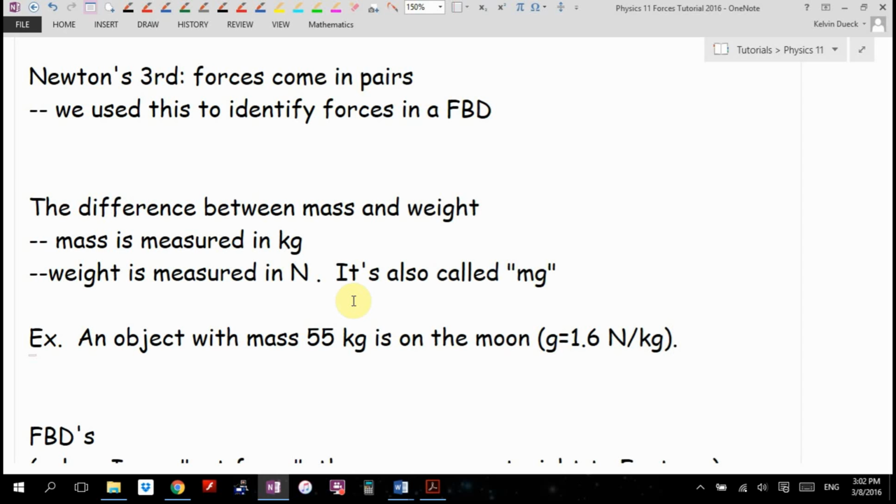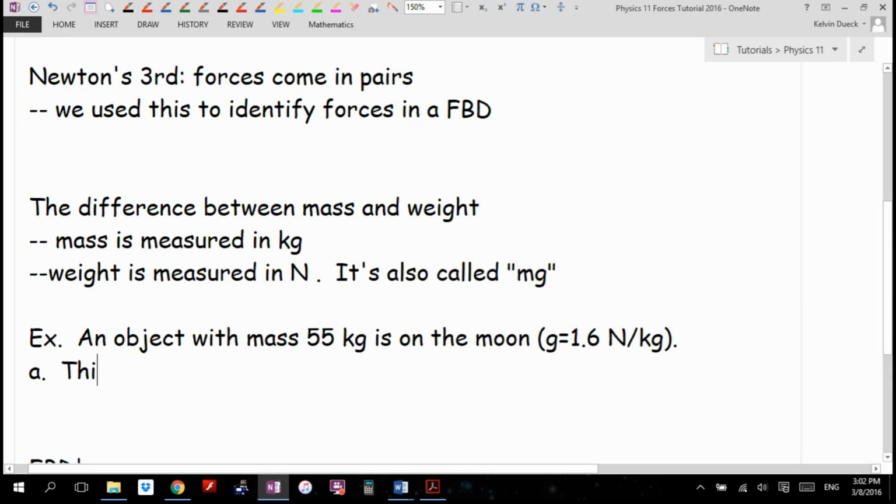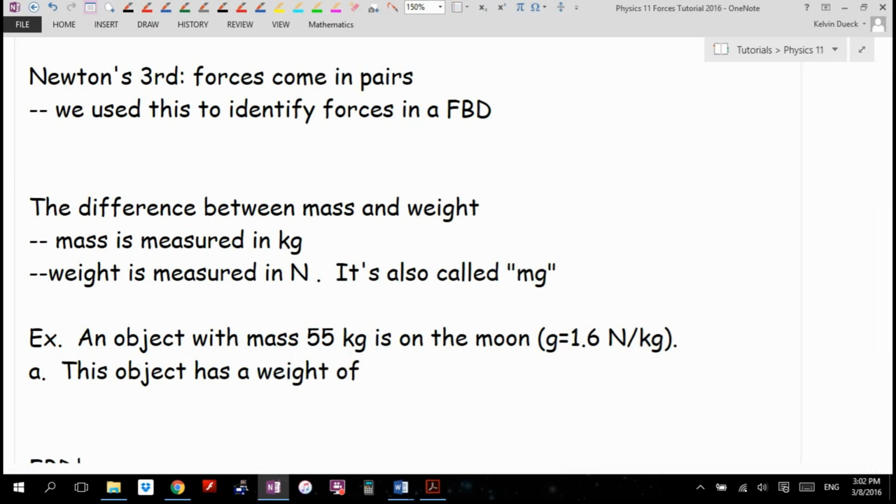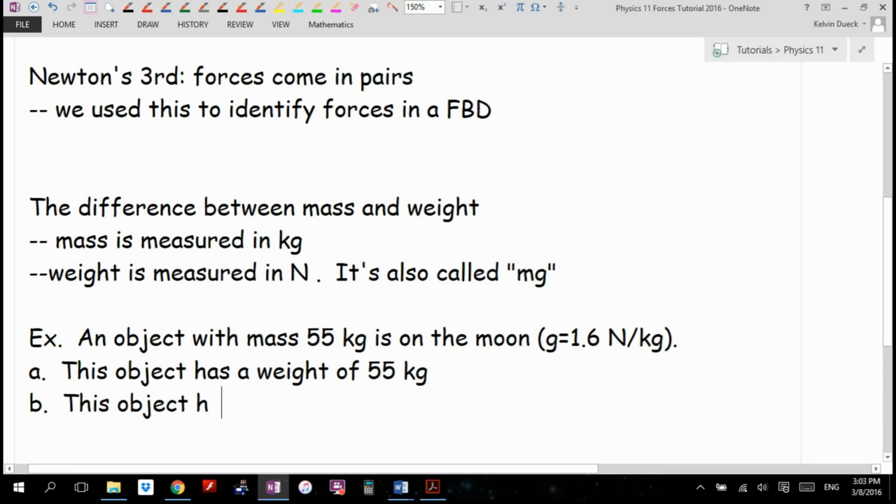Then I could say, A, this object has a weight of 55 kilograms. B, this object has a mass of 55 times 1.6, 88 newtons.